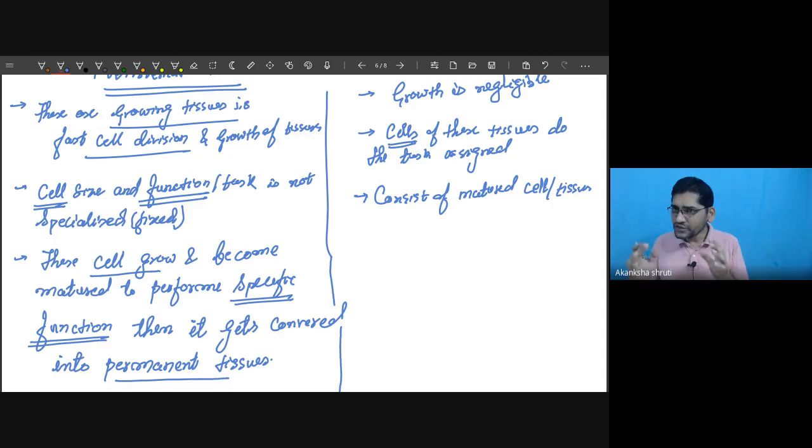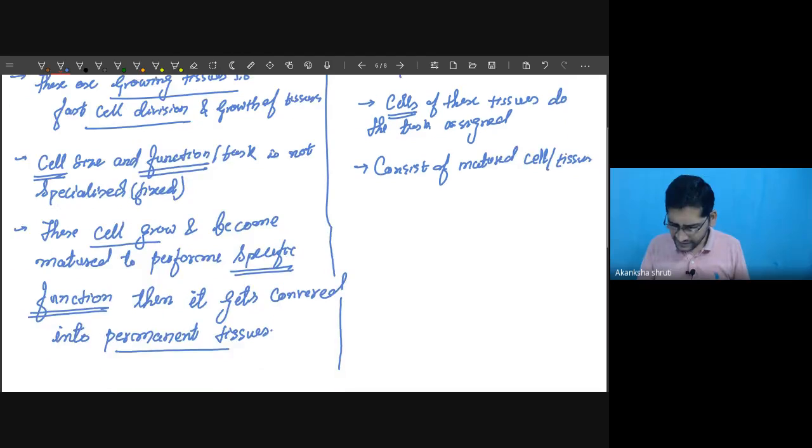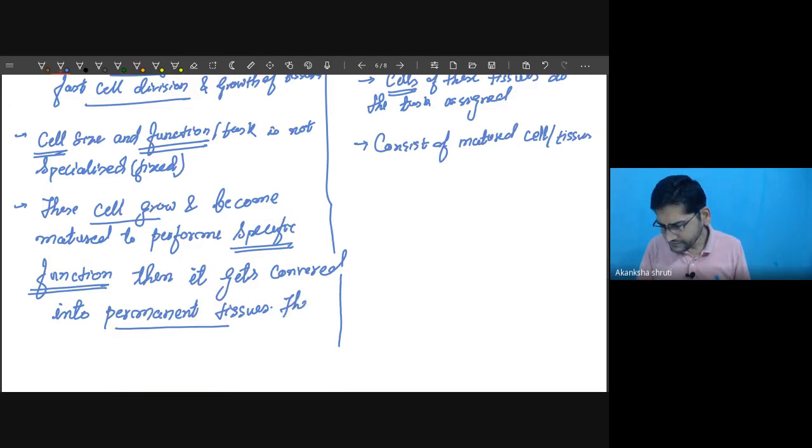This process of formation of a special kind of cell having a specific function from newly born cells is called differentiation. This is another important point.